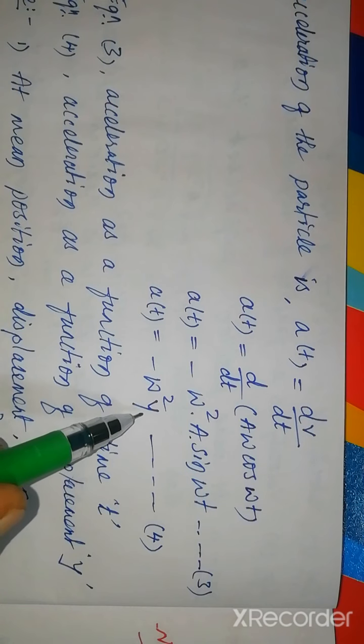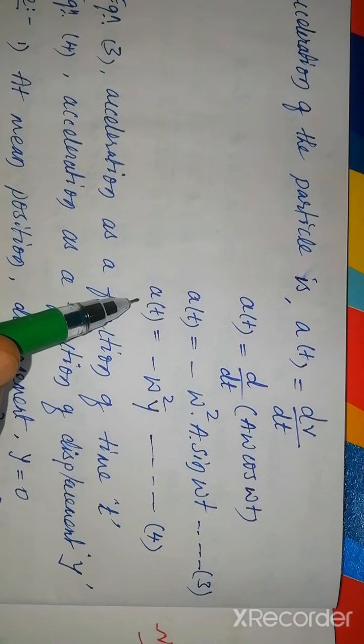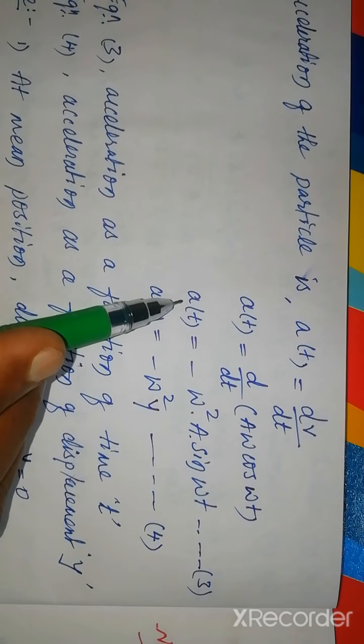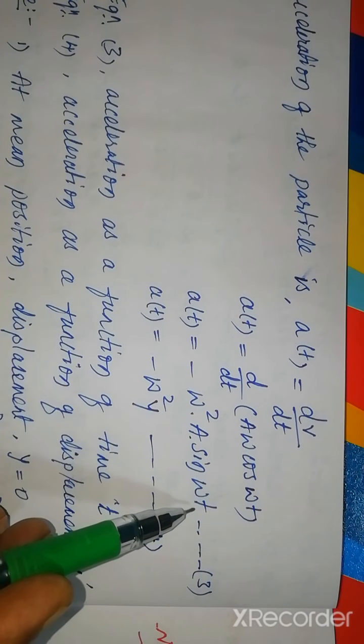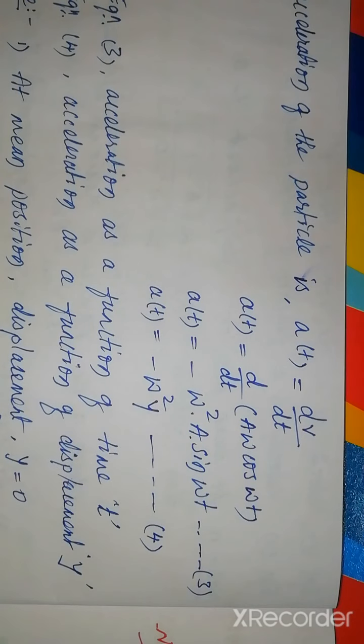Y varies with time t, and correspondingly the acceleration varies. So equation 4 is acceleration as a function of displacement, and equation 3 is acceleration as a function of time, since angular velocity and amplitude are constant.